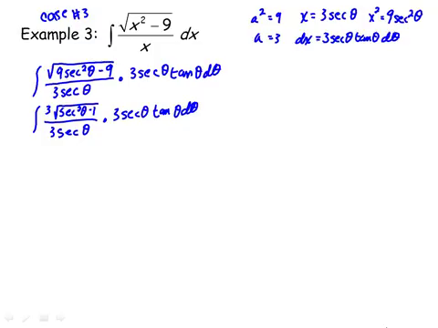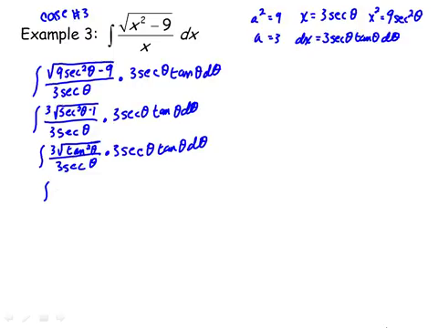Alright, so again, I'll go ahead and write it. That's going to be tangent squared theta. That's an identity. And then when you take the square root of that, that's going to turn into 3 tangent theta over 3 secant theta times your dx, which is 3 secant theta tangent theta d theta.